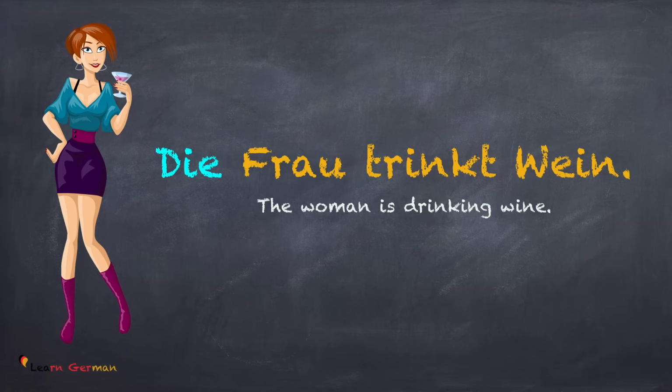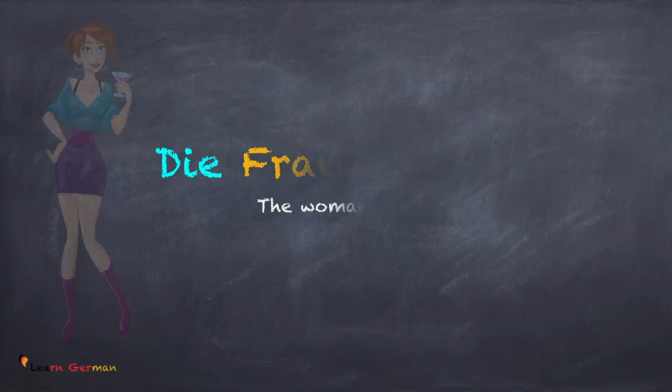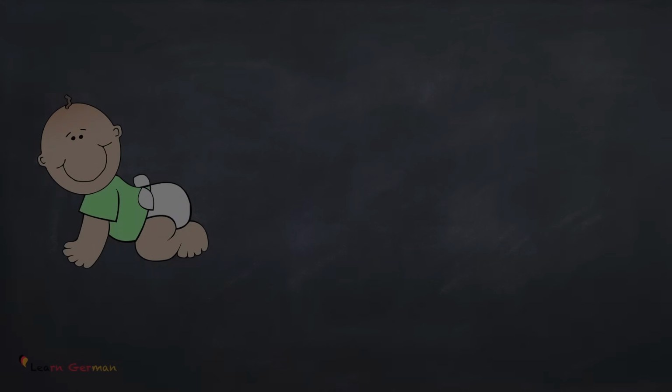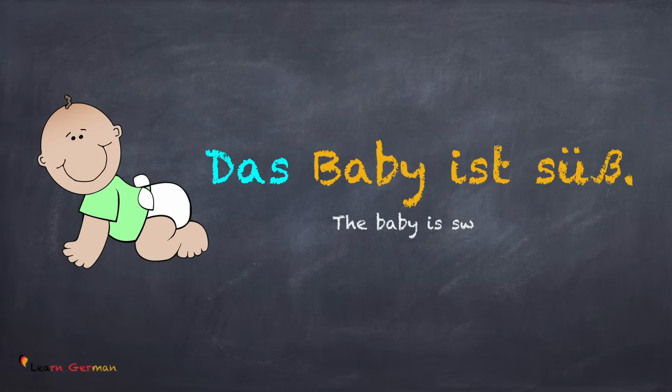Let's come to the next article. Die Frau trinkt Wein. Here my article is die. Die Katze ist freundlich. Here my article is again die. The article die is feminine. The next one is das Baby ist süß.